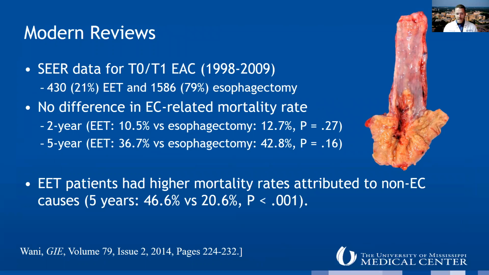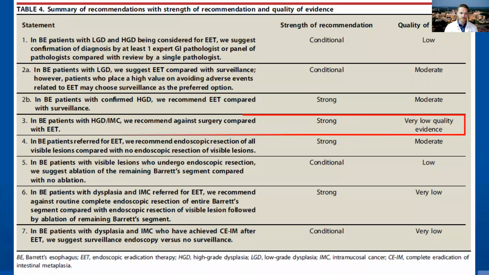But interestingly, the endoscopic therapy patients had a higher mortality attributed to non-cancer reasons, going to the idea that those are patients who were probably higher risk, and that's why they didn't have esophagectomy in the first place, but nonetheless wound up with a similar cancer-related mortality.